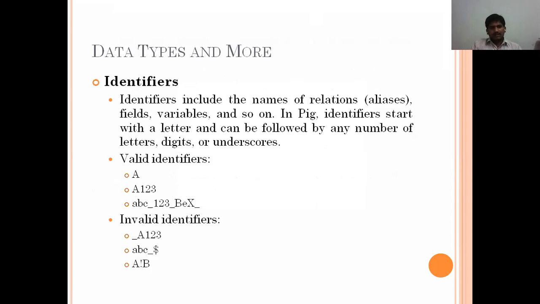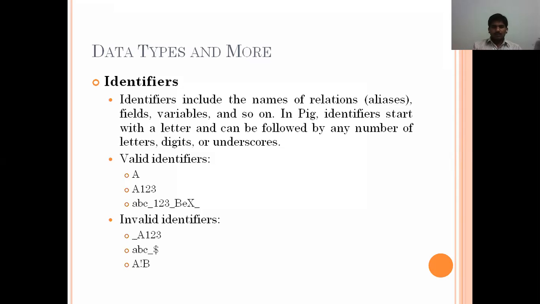So what is a data type? What is the meaning of data type? Out of the data types, we mainly have to know about identifiers. What is an identifier? If you write something in a program, the user or programmer wants to know what that is. Identifiers include the names of relations, names of relationships, fields, variables, and so on.